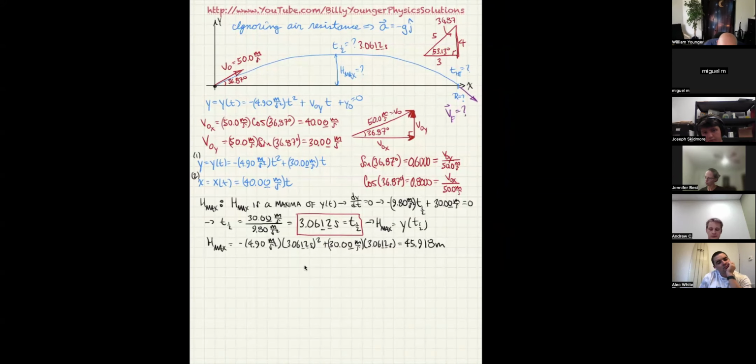Now notice when I did 4.90 times 3.061 squared, I was essentially multiplying two 3 sig fig numbers. So the answer came out to 3 sig figs, and that was like 45.9. So I'm good up to the first decimal place. So I just make a mark that this is significant up to first decimal. Oh, I should say decimal spelled with an S, not a C. And now I'll do 30 times 3.061.